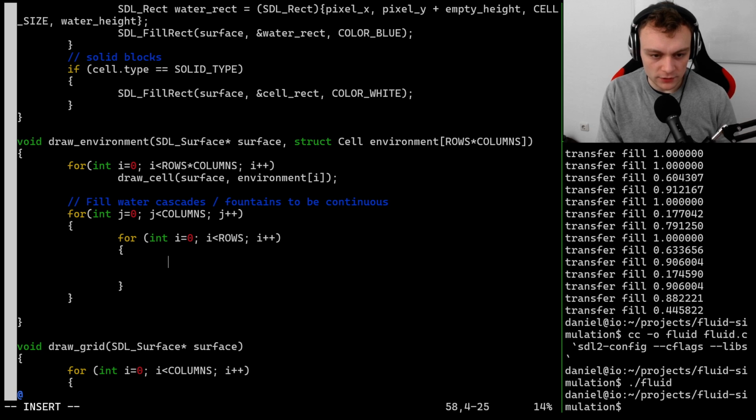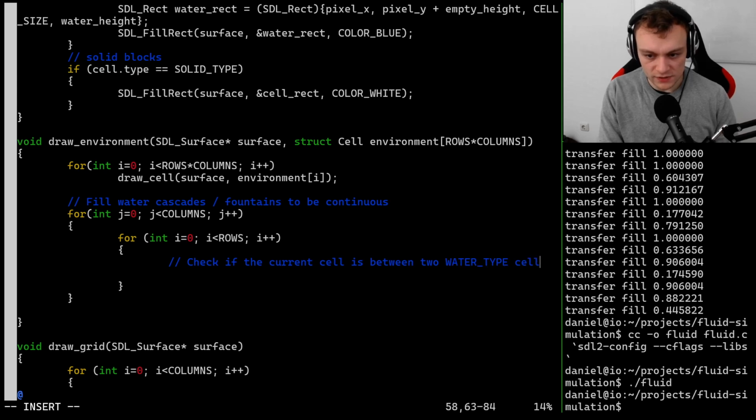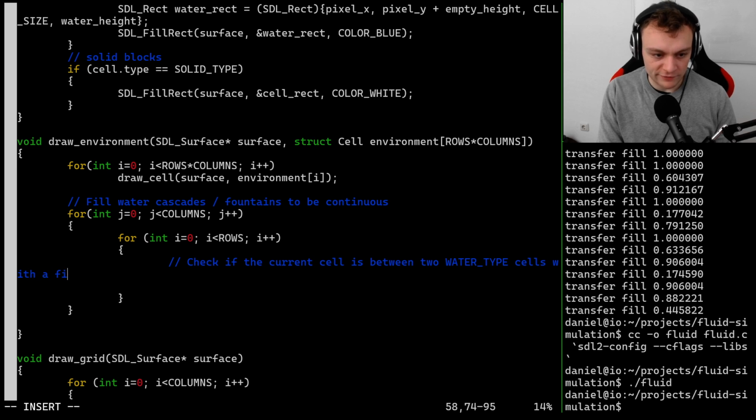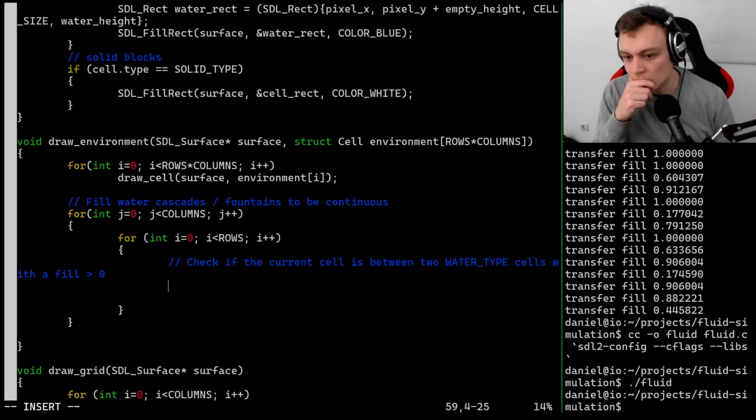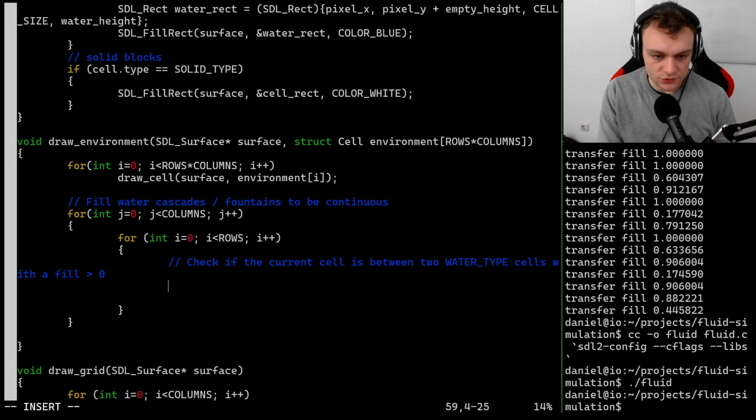we do the following. Check if the current cell is between two water type cells with a fill bigger than 0. So let's try to do this check. We have to first check, is the row bigger than 0?